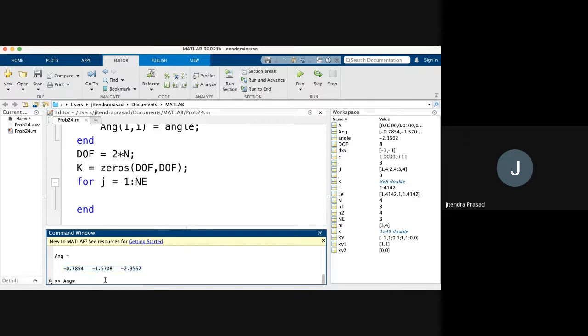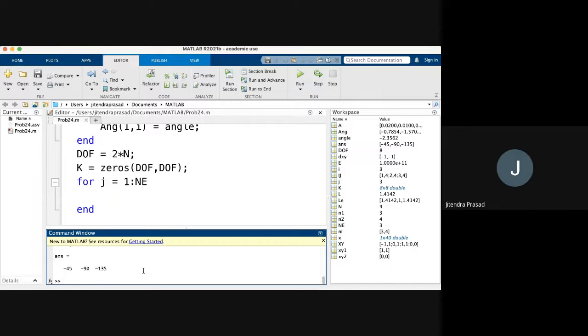So angle multiplied by 180 divided by pi. Yeah, what you see is minus 45, minus 90, or minus 135, which is correct.